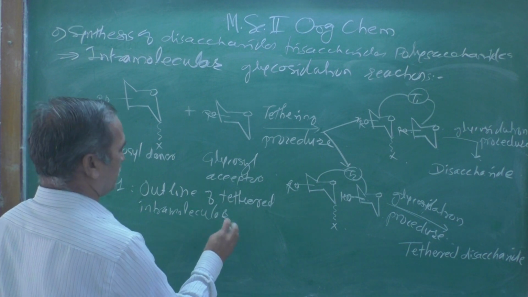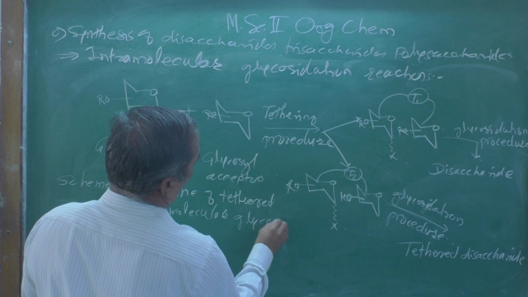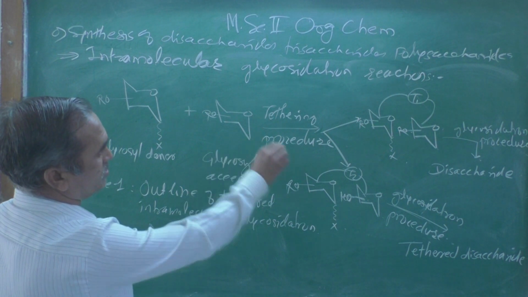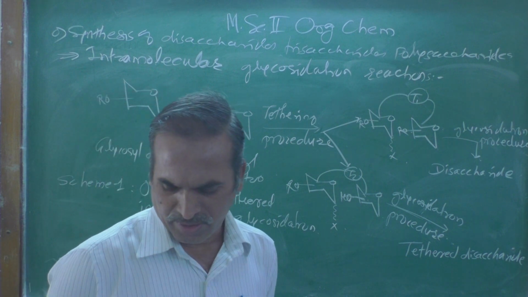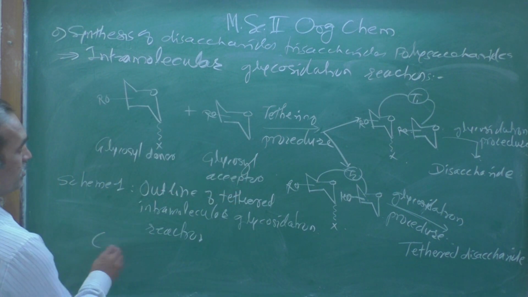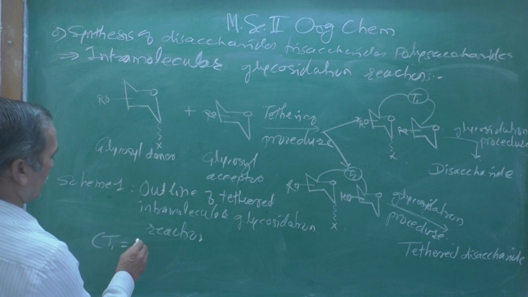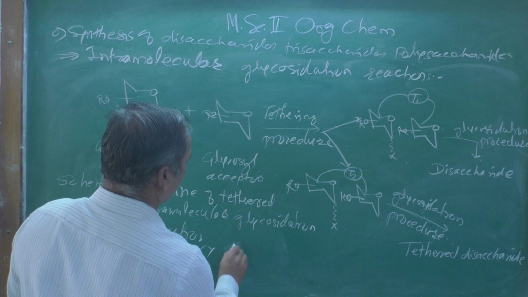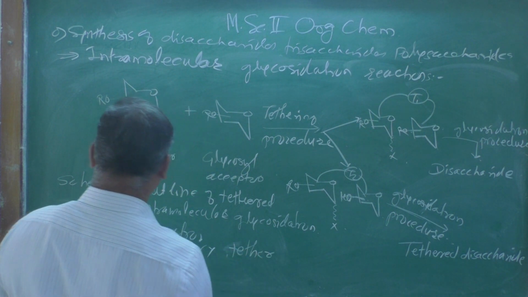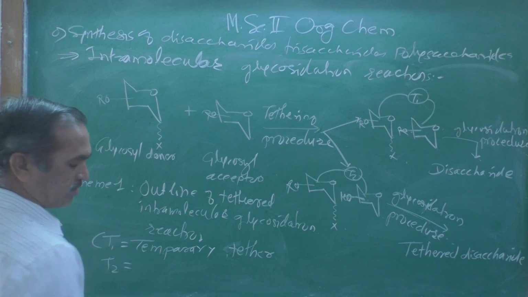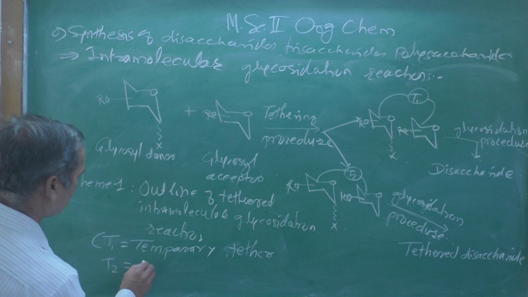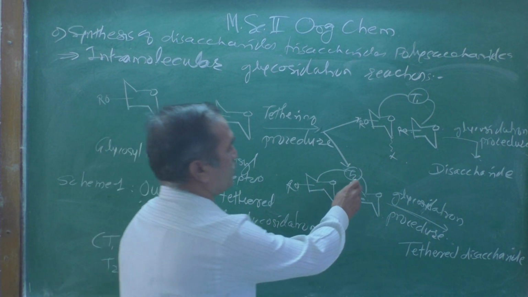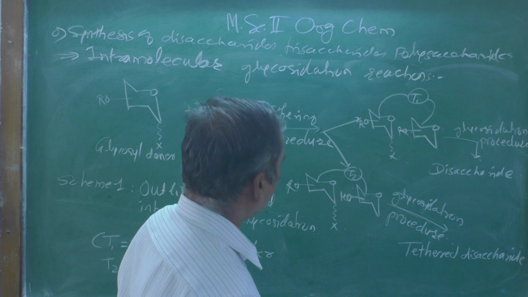This is represented here. T1 is known as a temporary tether, and T2 is a stable tether.